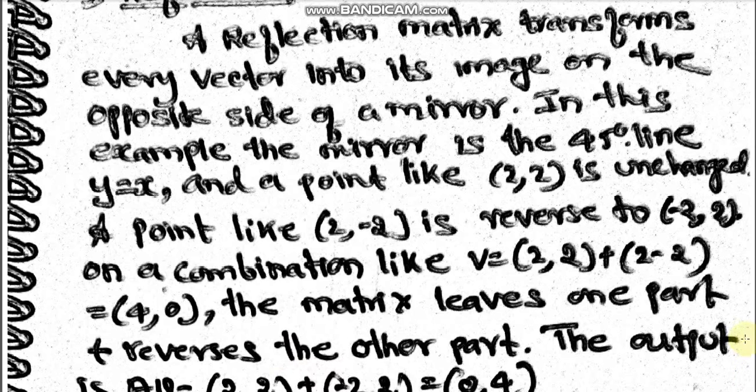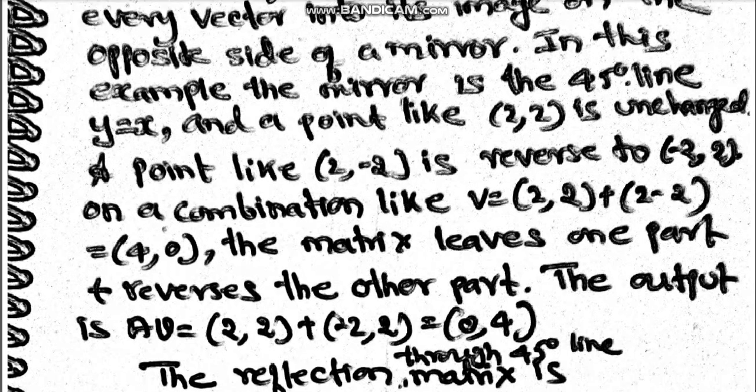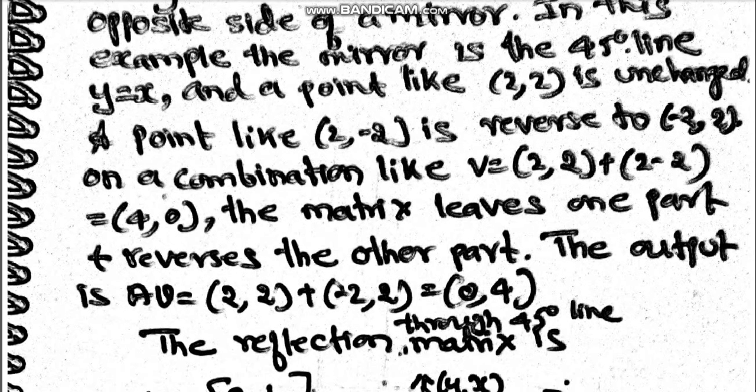You can see that one part has been reversed and the other part is kept as it is. So here, if I am multiplying a with minus b, that is the vector with b, I will get 0 comma 4, that is 2 plus 2 and minus 2 plus 2, after reversing.